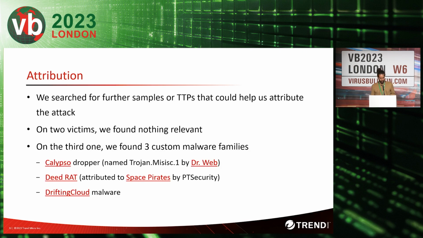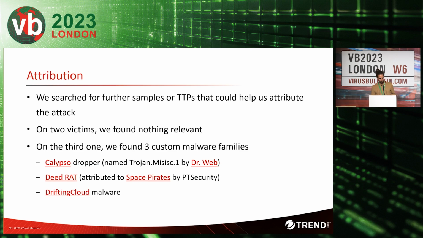So still, we had no help for this attribution part, so we searched for further samples or TTPs that could help us to attribute the attack. On two of the victims that we found, we had nothing relevant. On the third one, we actually found too many things, like 3 different custom malware families, so it was kind of a Christmas tree of APTs in there.